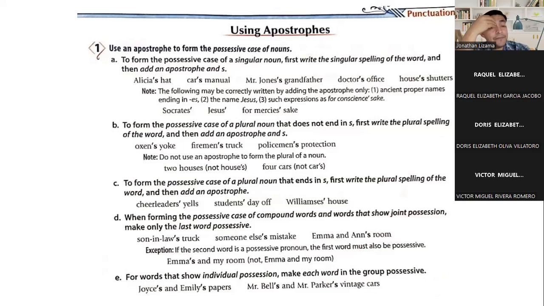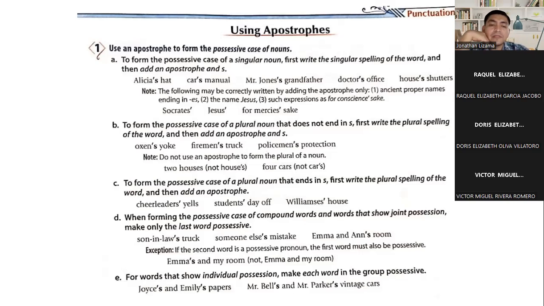La primera sería cuando lo divide con hyphen, como mother-in-law. Al final le va a colocar el apóstrofe, no a cada una de las palabras. Igual en someone else's mistake, no a someone, sino a lo último, a lo que está cerca del sustantivo. Y si tiene dos sustantivos que se convierten en adjetivos, como en Emma y Anne, solo el último va a llevar apóstrofe. Eso es todo.